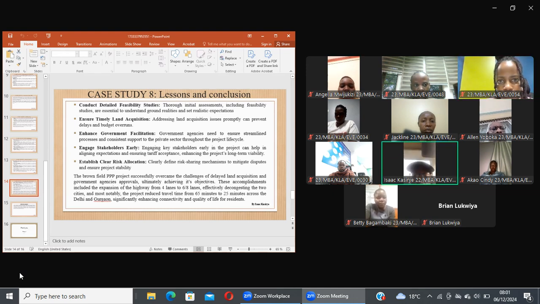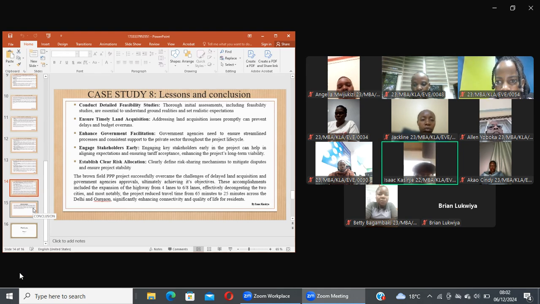Engaging key stakeholders early in any process can help in aligning expectations and ensuring project success, enhancing long-term viability. The last lesson learned was the need to establish a clear risk architecture. Clearly defined risk-sharing mechanisms to mitigate issues and ensure stability were crucial.